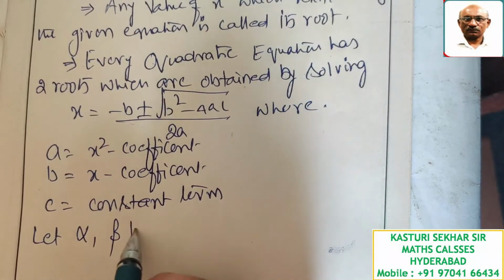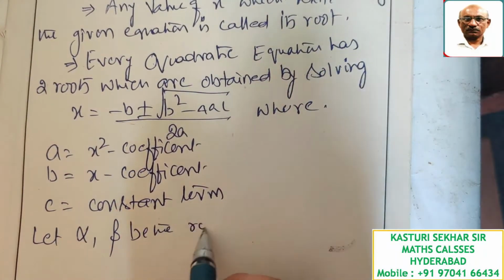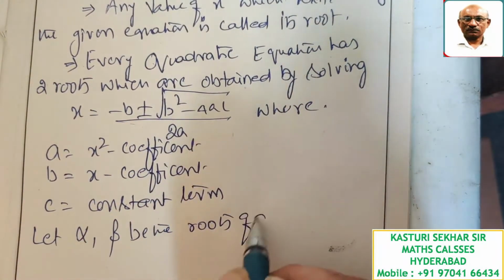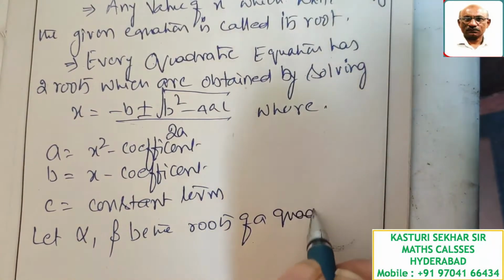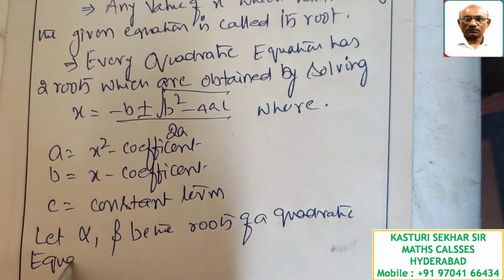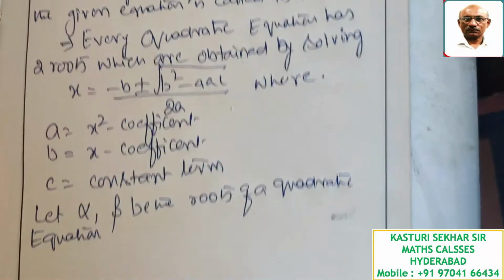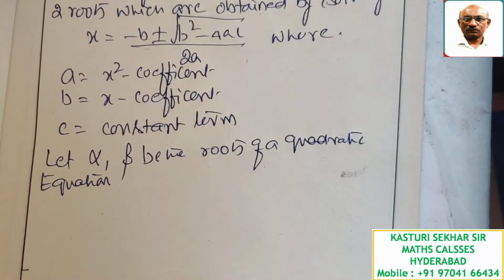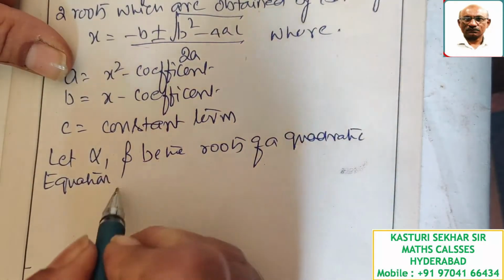Let alpha, beta be the roots of a quadratic equation.